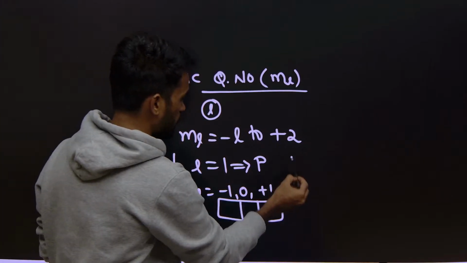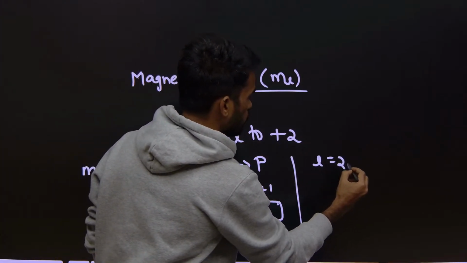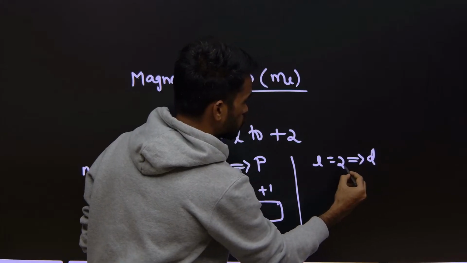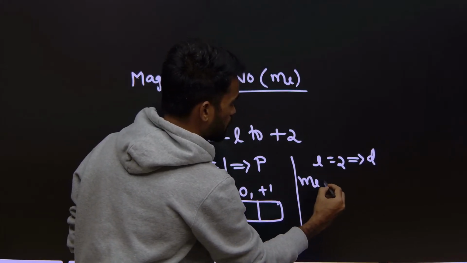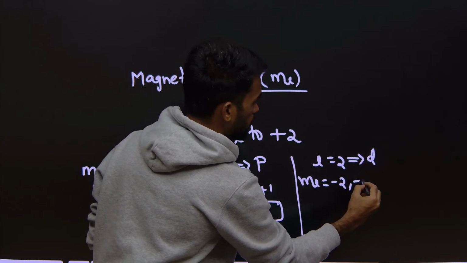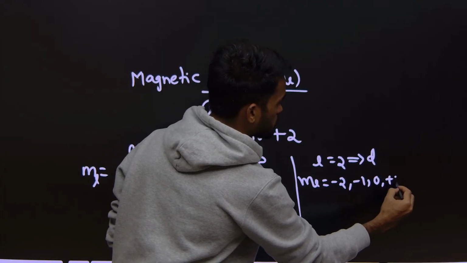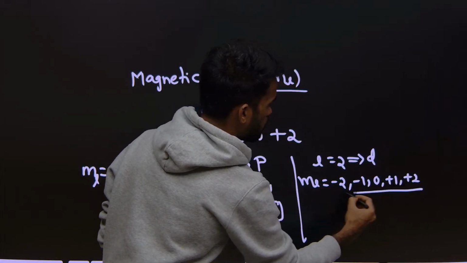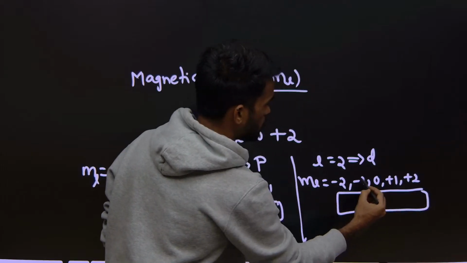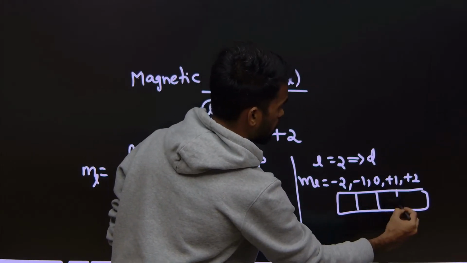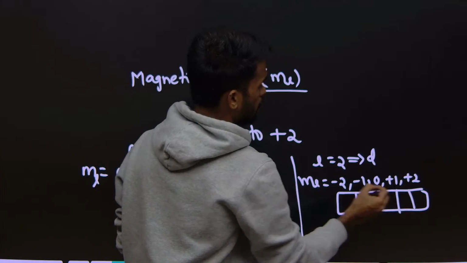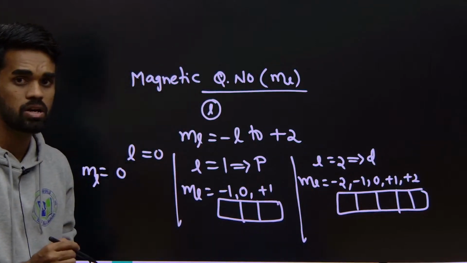Similarly, if I have L equals 2, you can say this is d orbital. So if L is 2, ML will be minus 2, minus 1, 0, plus 1, plus 2. So how many orbitals did we get here? 1, 2, 3, 4, 5. So 5 orbitals you can take. And each orbital accommodates how many electrons? 2 electrons.